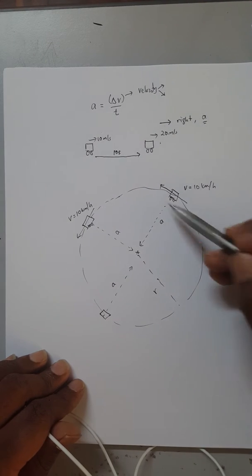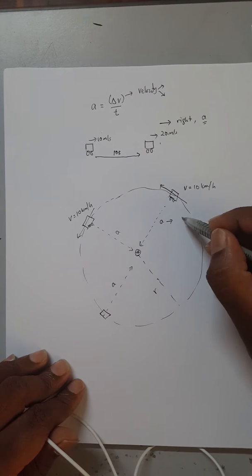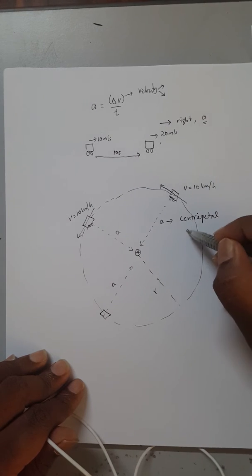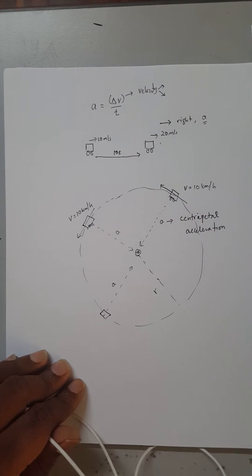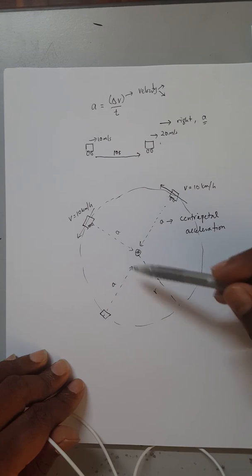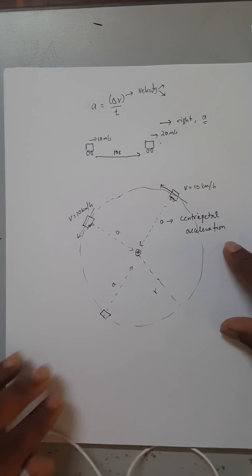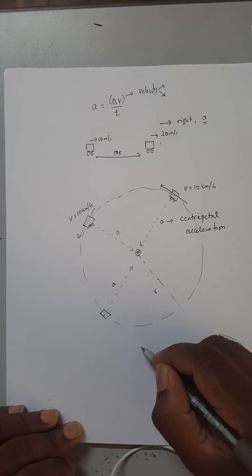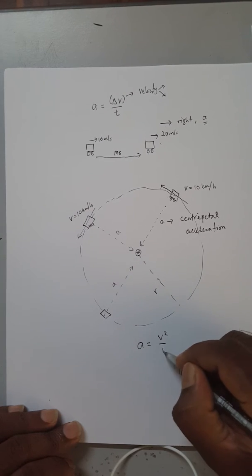Since the acceleration is always toward the center, this a is known as centripetal acceleration. To calculate the centripetal acceleration, we use the formula a equals v squared over r.